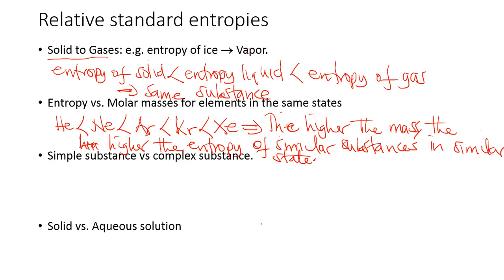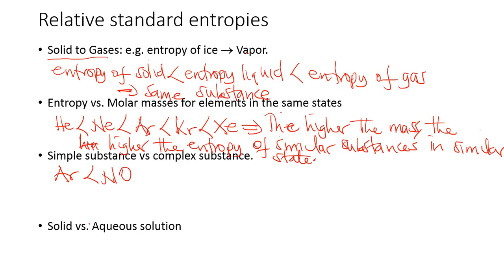Entropy also will depend on the complexity of a substance. So, for example, argon, which is less complex, has lower entropy than nitrogen monoxide, which is more complex.